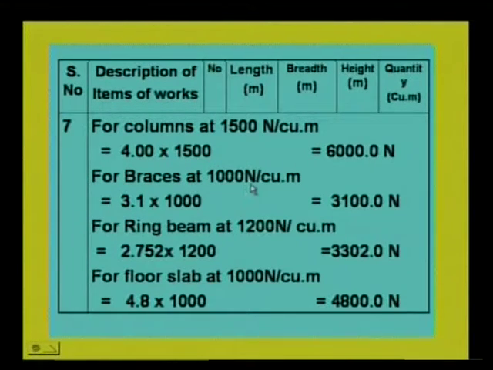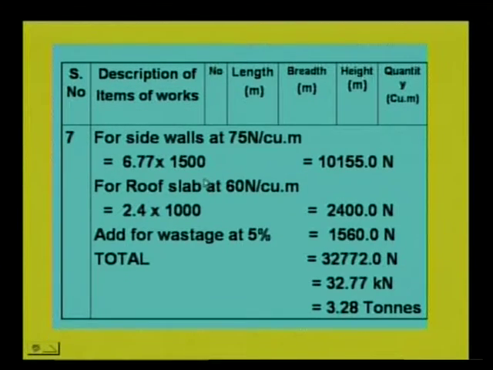Similarly for braces at 1000 Newton per cubic meter, 3.1 into 1000, 3100. Similarly for ring beams at 1200 Newton per cubic meter, the quantity is 2.752 into 1200, which comes around 3302 newtons. Similarly for floor slab at 1000 Newton per cubic meter, the quantity of steel is 4.8 into 1000, 4800.